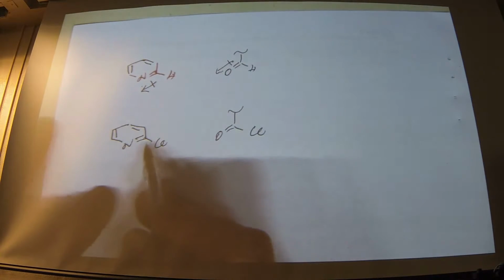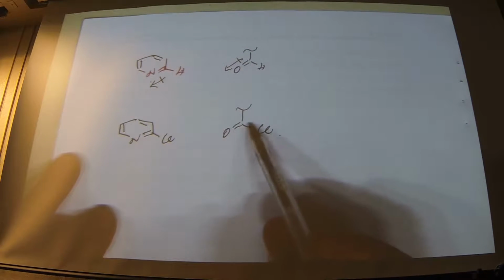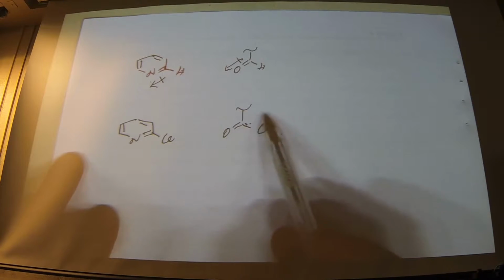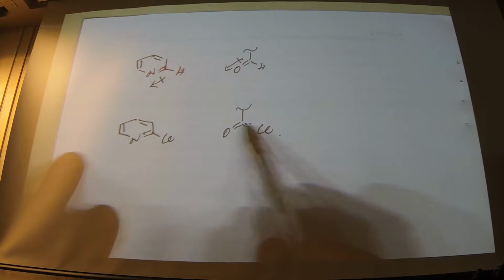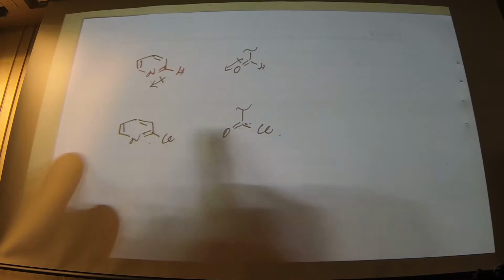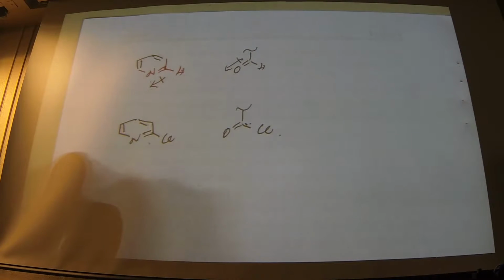And so just as this is a very reactive compound with nucleophiles, so also the 2-chloropyridine. And so the homology in structures is reflected in similarity in reactivity. And this is something that I wanted to point out.